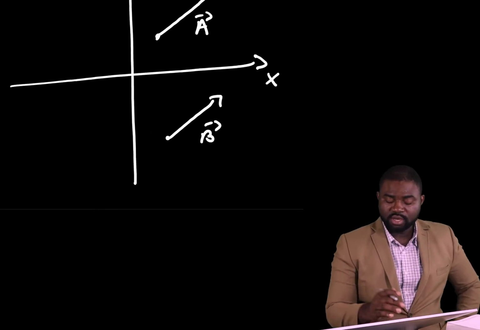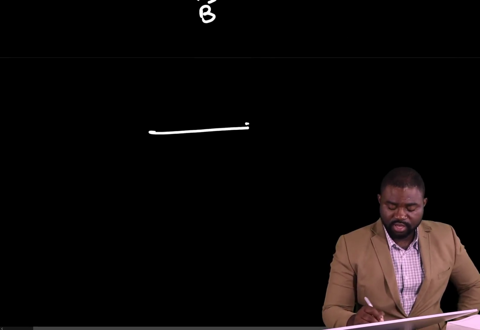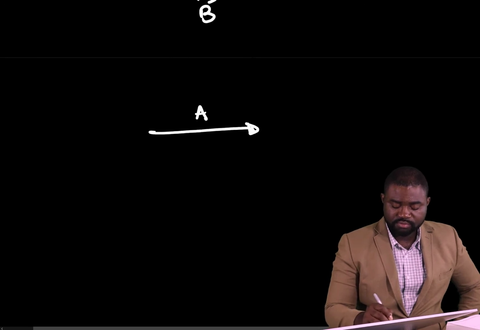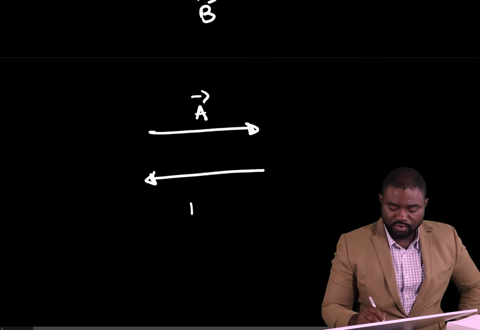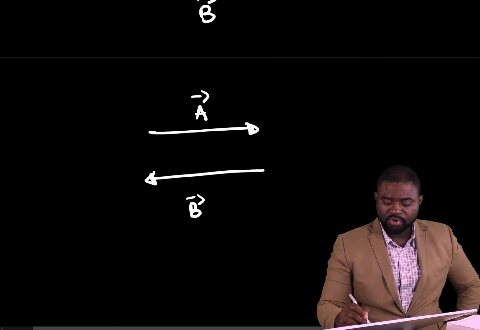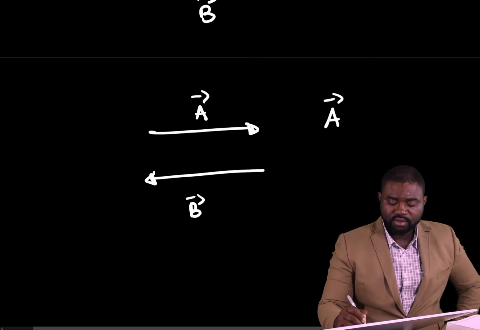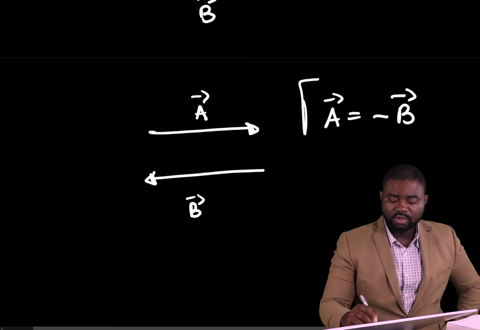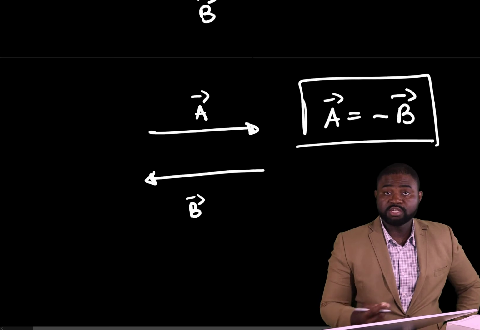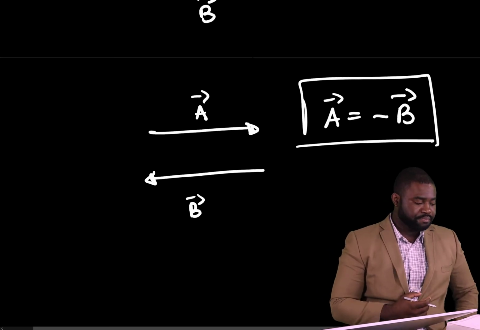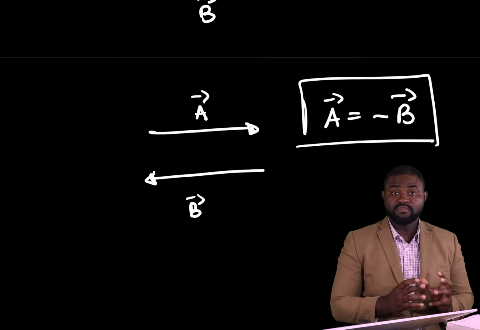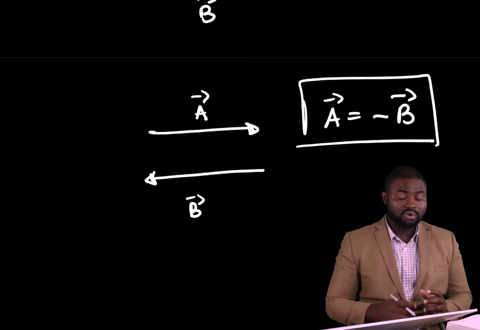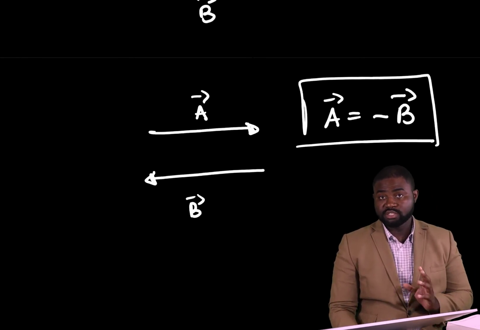On the other hand, if you have a vector A in that direction, and another vector B in the opposite direction, you will recognize that vector A is equal to negative vector B. They are equal in size but oppositely directed. Vector B is called the negation of vector A.